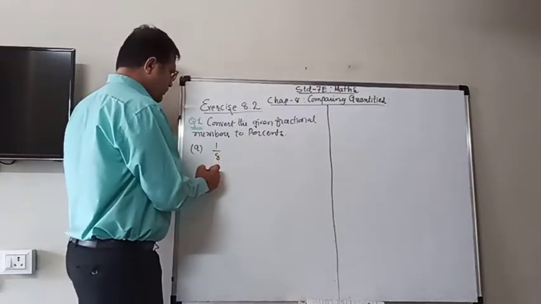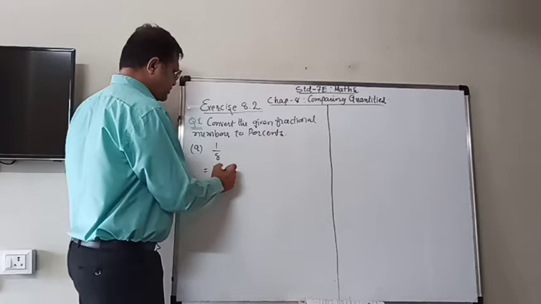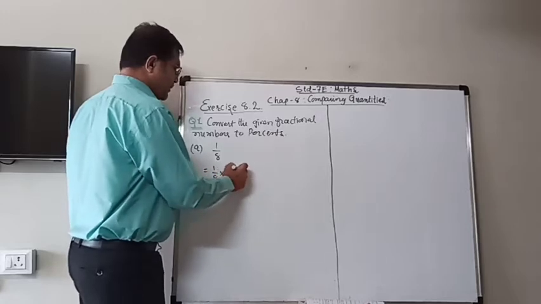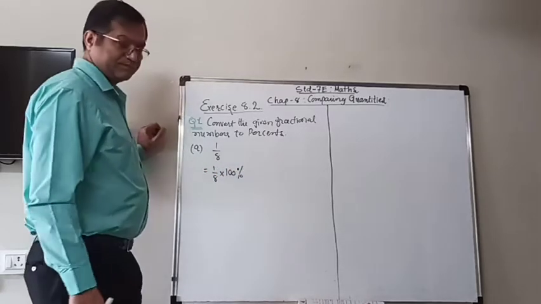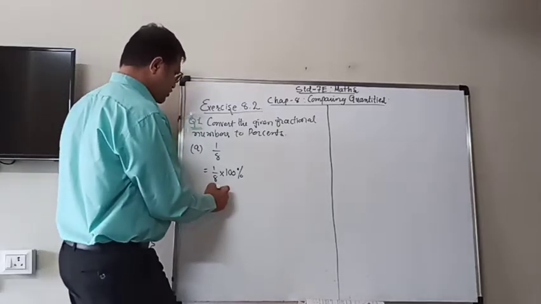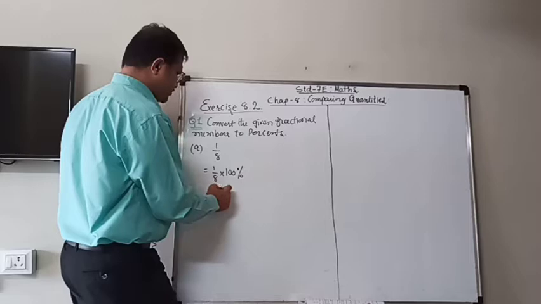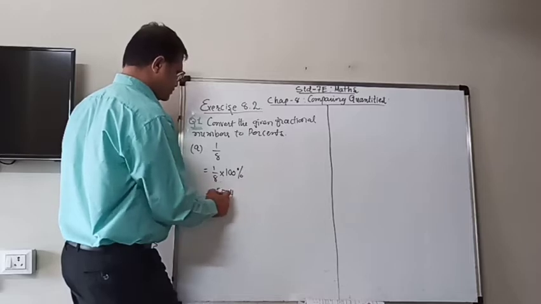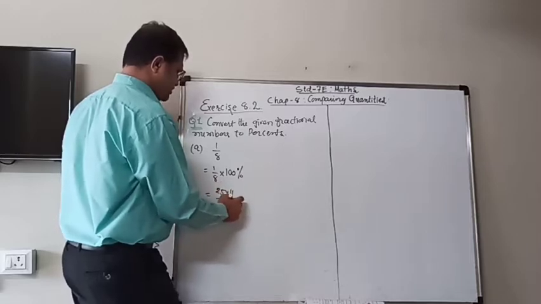So now we know that 1 upon 8 is 1 upon 8 multiplied by 100%. That is equal to, now we know that 25 4s are 100, 2 4s are 8.